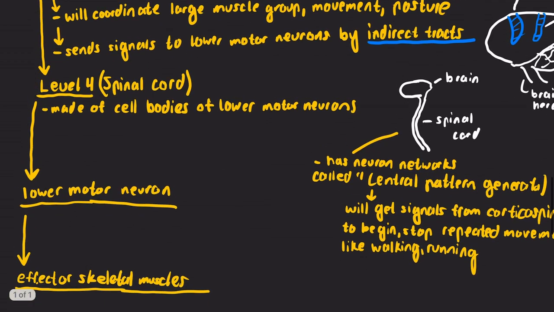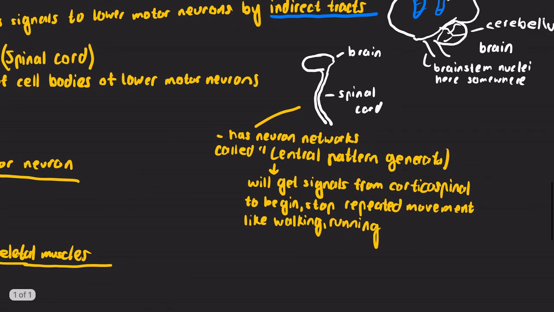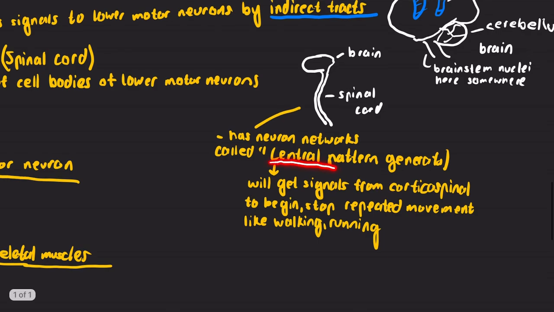We then send signals to the spinal cord, which is composed of cell bodies of the lower motor neurons. And when we are synapsing onto the spinal cord, this is composed of neuronal networks called central pattern generators. What do these central pattern generators do, and what are their roles?